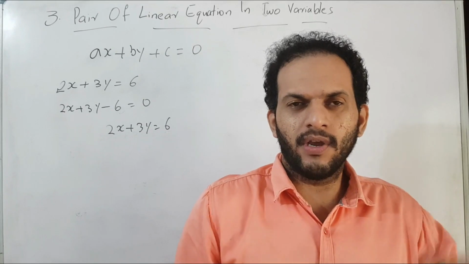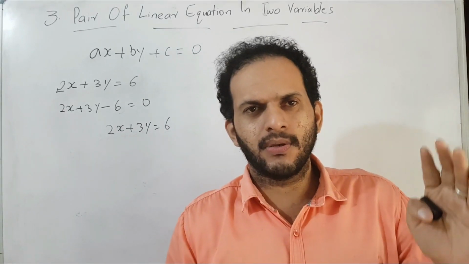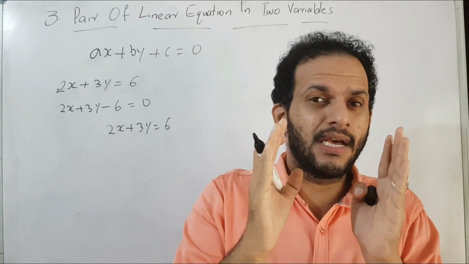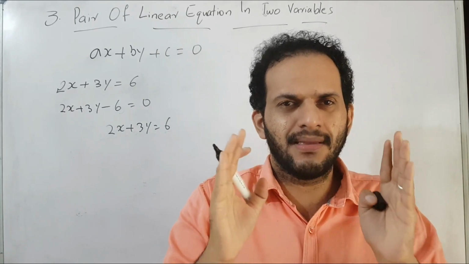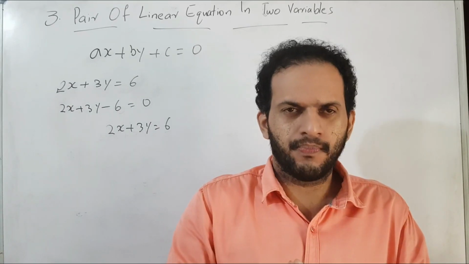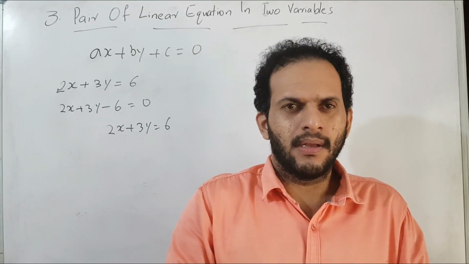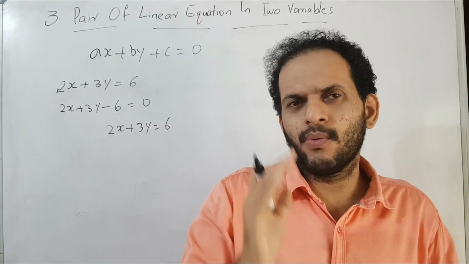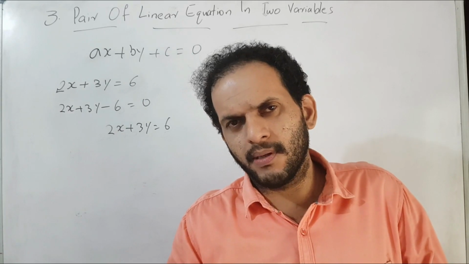The solution of a linear equation in two variables is a pair of values in coordinate form. Then how do we find the solution? Do you remember that?